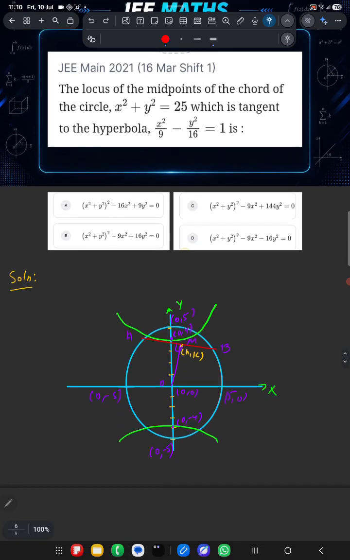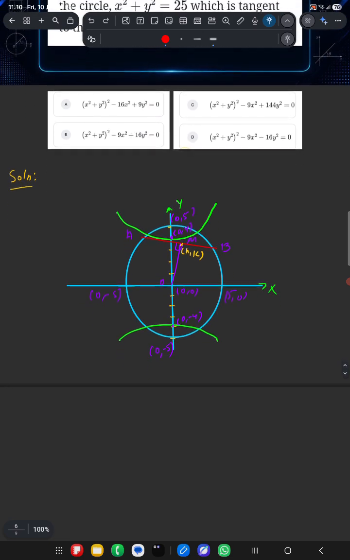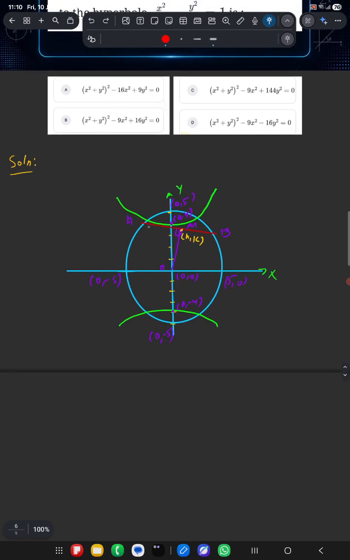I think I am clear. So let us start solving the question. I have drawn one tangent for you. Suppose this is a tangent.